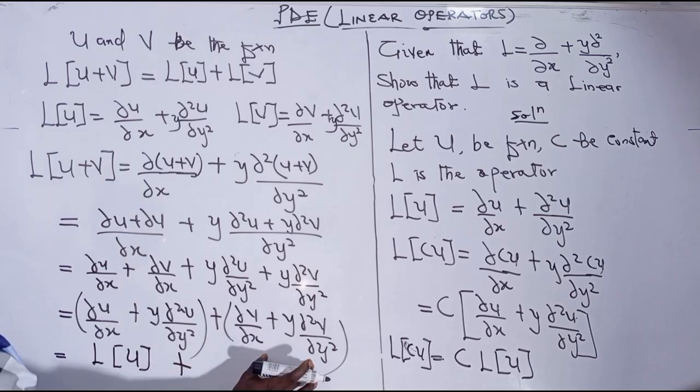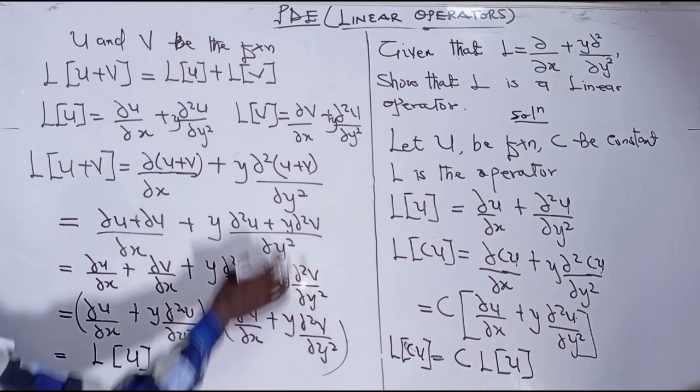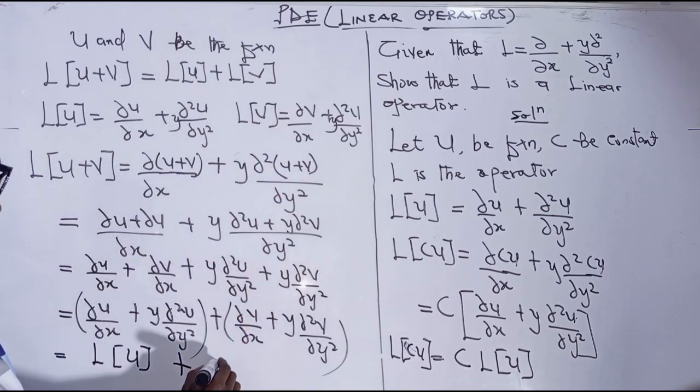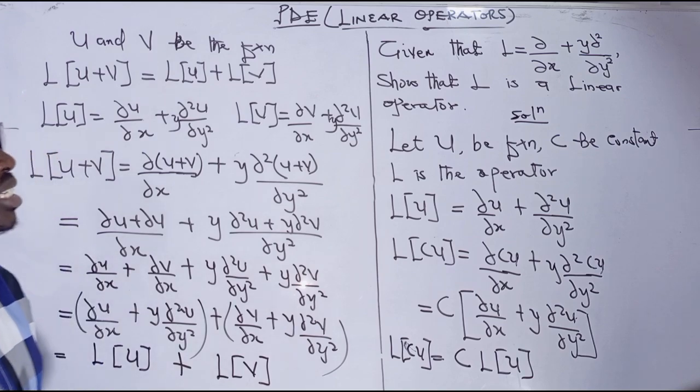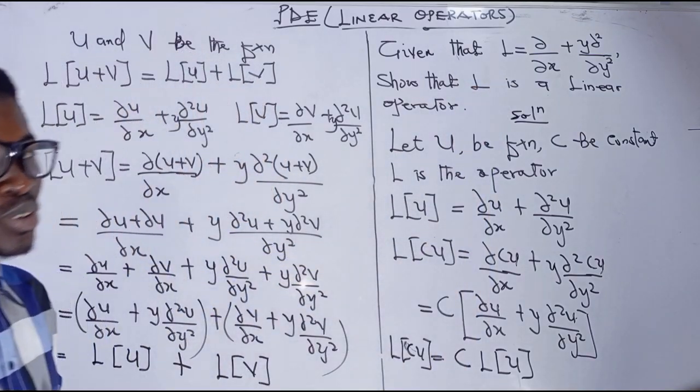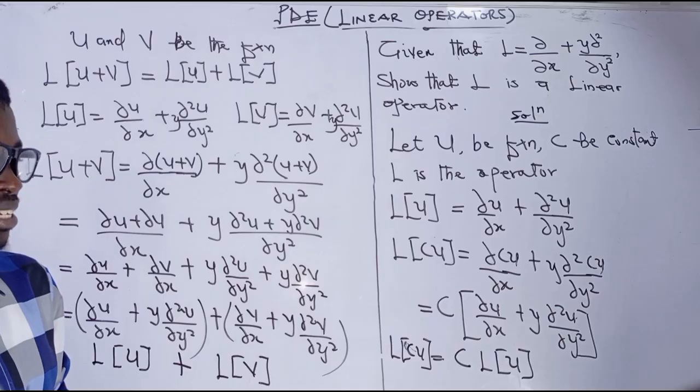And you can see that what is in the bracket here is the same as what? LV. So in place of this, we can write LV, L operating on V. So we can see that the second condition is also satisfied. So therefore we can say that the operator L is what? A linear operator. Very, very easy and simple.